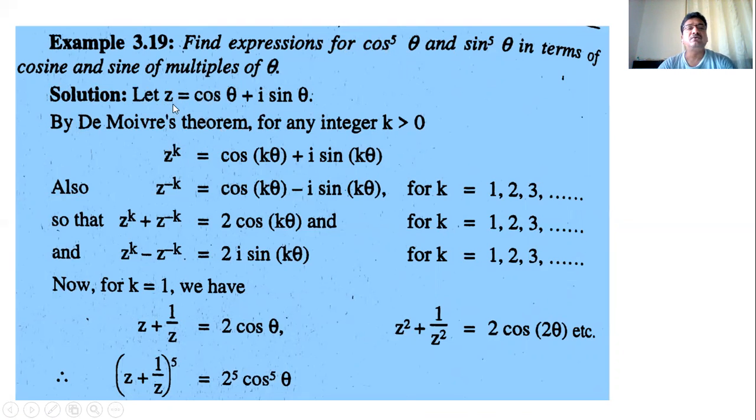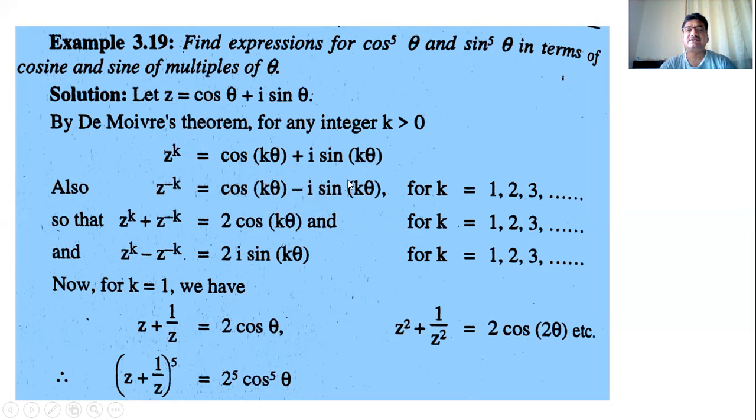Suppose z is cos theta plus i sine theta, and by De Moivre's theorem, suppose k is an integer, then z raised to k is cos k theta plus i sine k theta.